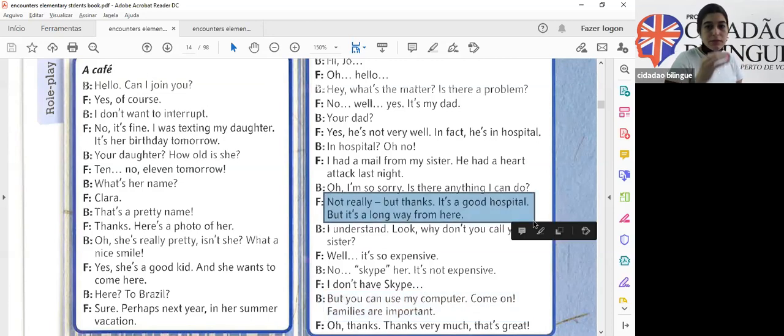Not really, but thanks. It's a good hospital, but it's a long way from here. I understand. Look, why don't you call your sister? Well, it's so expensive. No, Skype her. It's not expensive. I don't have Skype. But you can use my computer. Come on, families are important. Oh, thanks. Thanks very much. That's great.